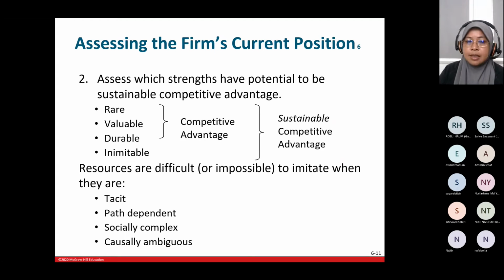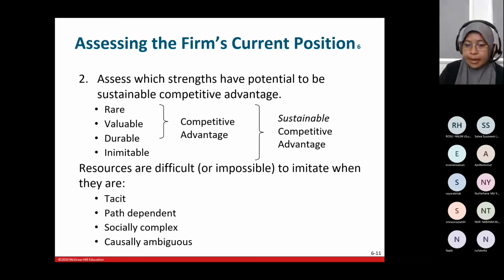Probably they are securing it in terms of vertical integration. JV collaboration, especially vertical or even horizontal integration, gives lots of advantage in terms of not being easy to imitate. Socially complex: there are some social communities that are not easy for us to enter.